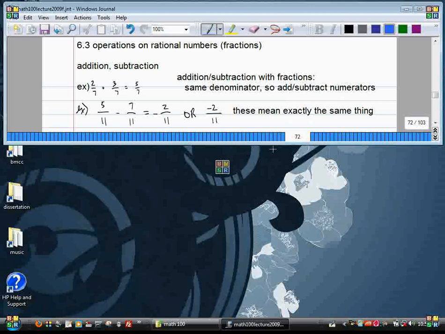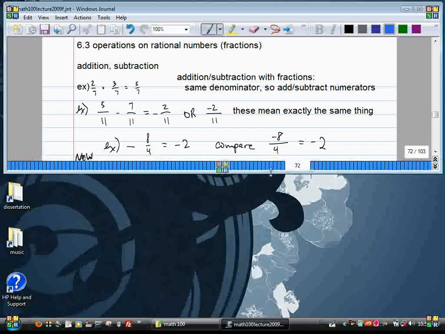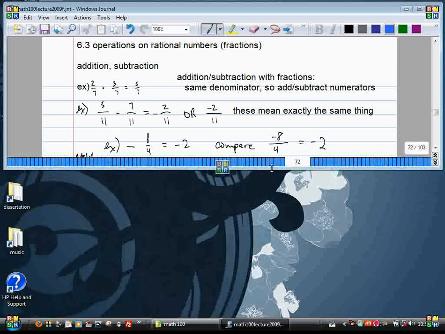Does that make sense? Okay. So another way to see this is with a simple fraction that we know how to work with. So if you have a negative in front and then you have 8/4, well, that just simplifies to 2, but then with the negative in front, so it's -2.